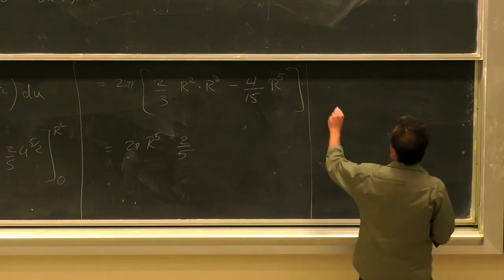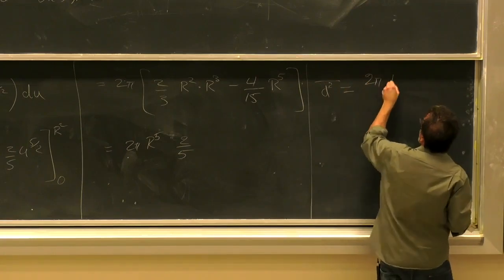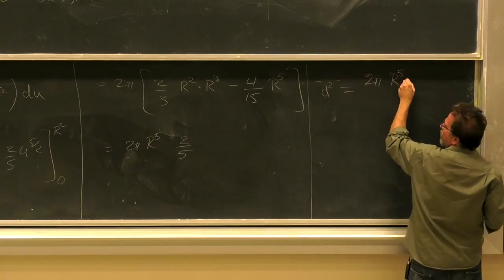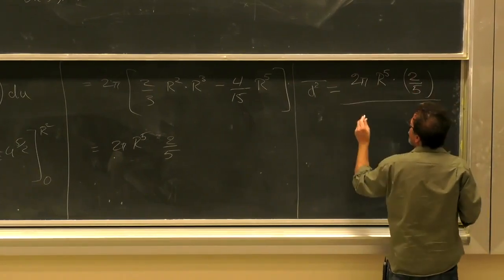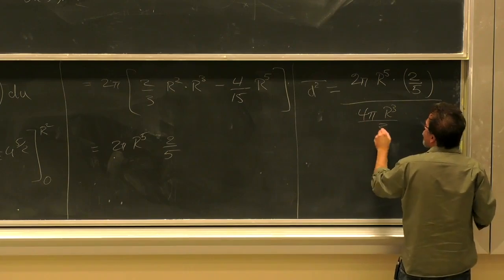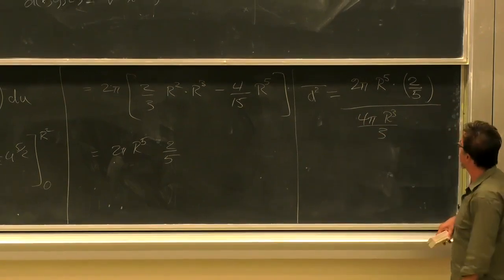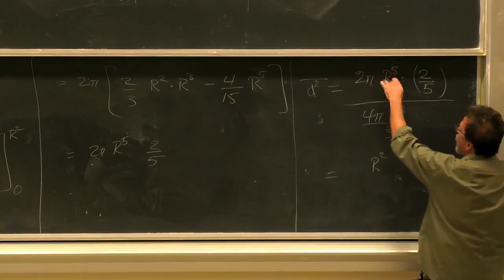So d squared average is going to be equal to 2 pi, the radius of this object to the power of 5, times 2/5. So I'm keeping 2/5 along for the ride, divided by 4 pi r cubed over 3, which is the volume of the sphere. So notice the first thing that happens is we have r squared in the numerator. Right?